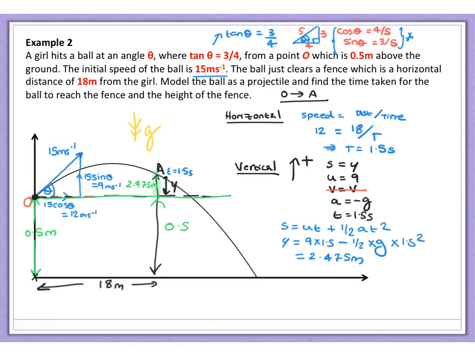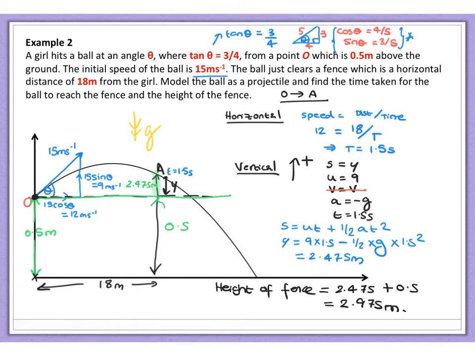Don't worry about that. Do another sketch diagram if it helps you, but don't think that the measurements in this diagram are to scale, because they are not. So the height of the fence is equal to 2.475 meters plus the extra 0.5, which gives us 2.975 meters.